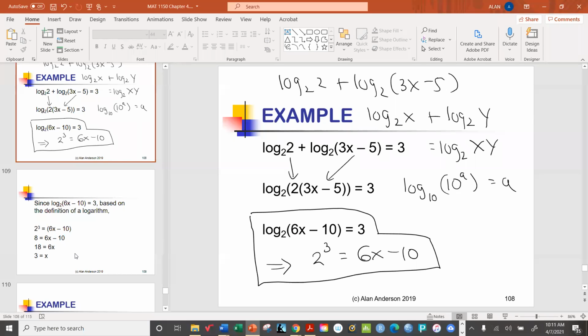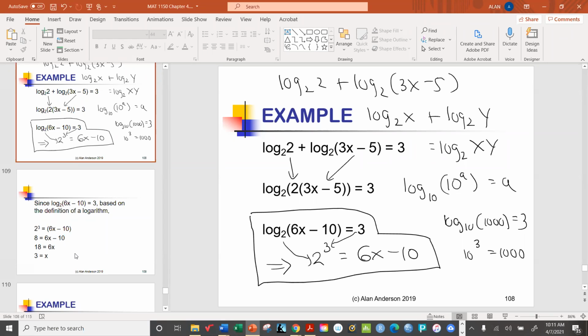Okay, so in other words, if you forget, just use a simple example. Log 10 of 1,000 equals 3, because 10 cubed is 1,000. And you're doing the exact same thing here. You're taking the base, raising it to this exponent, and setting it equal to what's in parentheses.